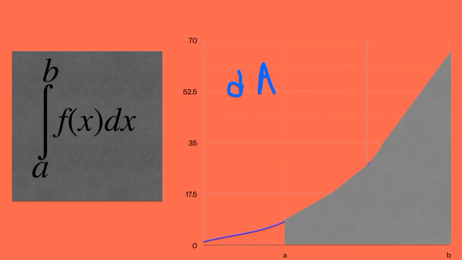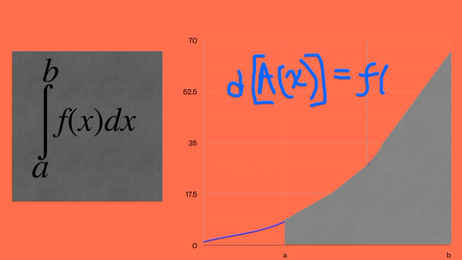A of x, where a stands for antiderivative. The implicit derivative of a of x equals f of x times dx. So what this does is it sums up a whole lot of implicit derivatives over a certain range. Now, isn't that cool?